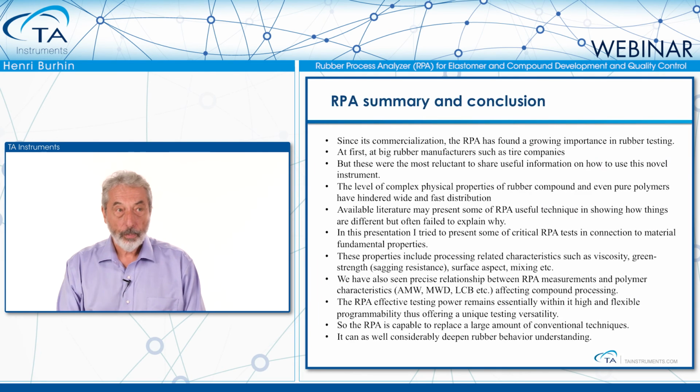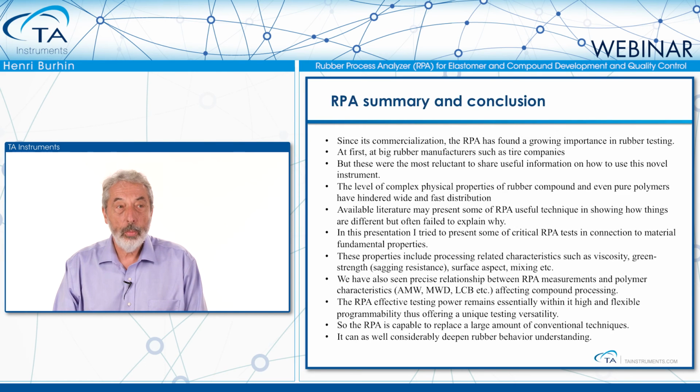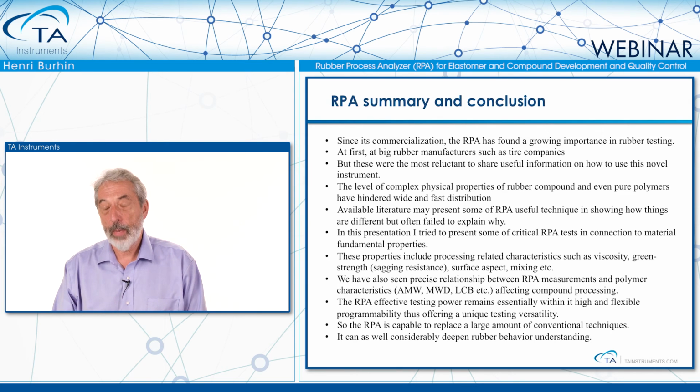So just to summarize this presentation, since its commercialization, the RPA has found a growing importance in rubber testing, at first at big rubber manufacturers such as tire manufacturers. It is true to say that the largest number of RPA are in the tire builder laboratory.